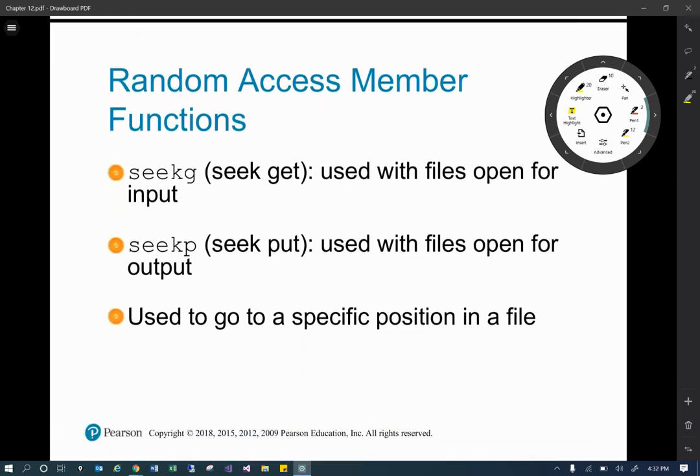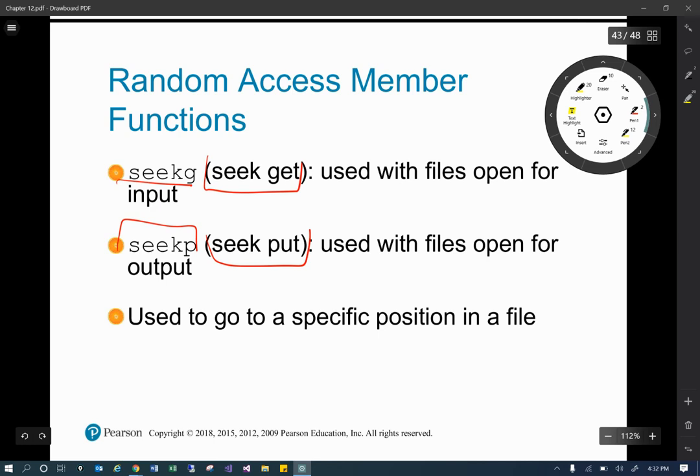To do that, we got to get familiar with seekg, or known as seek get. Used with files open for input, and seekp, seek put, is used with files open for output. Now, I will tell you that sometimes people get this confused.